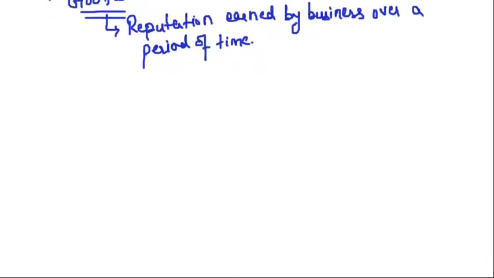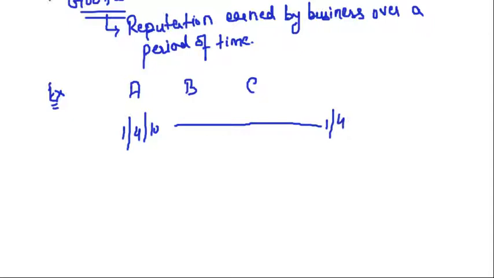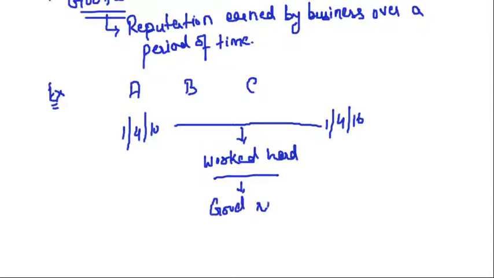Right? Let's take an example. There are three friends, A, B and C. They started business on 1/4/2010. And today we are sitting on 1/4/2016. During these 6 years, they earned a good reputation in the market. These partners worked hard, and by working hard they earned a good reputation.